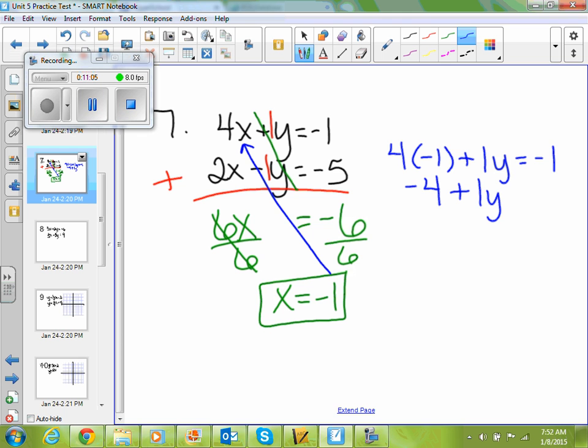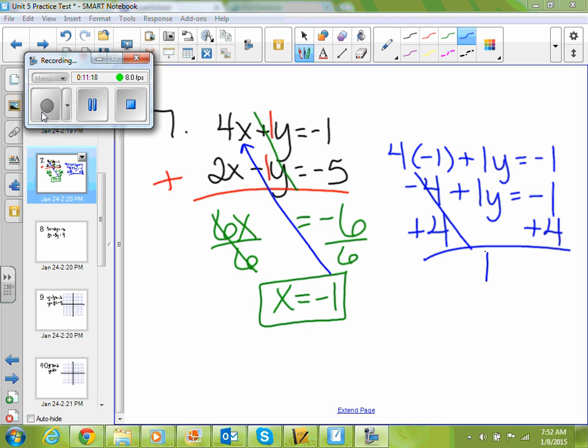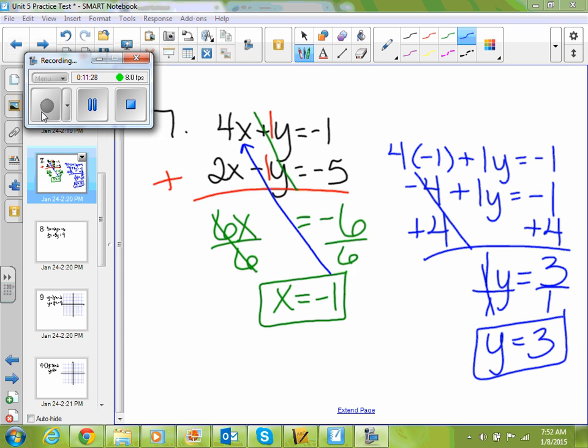So -4 plus 1y equals -1. Okay, and then to get rid of that -4, I add 4 to both sides. So 1y equals 3. Divide by 1, y equals 3.